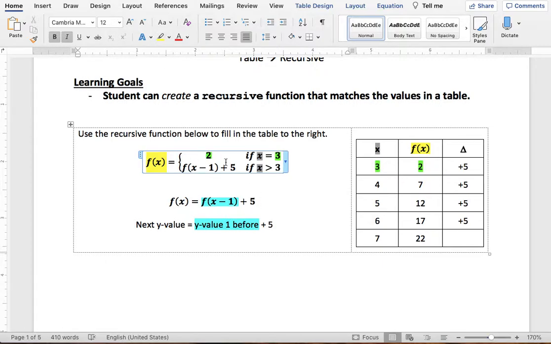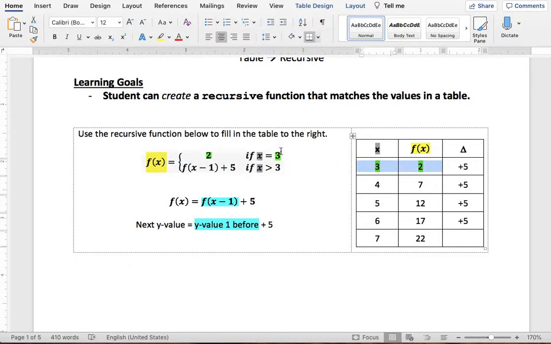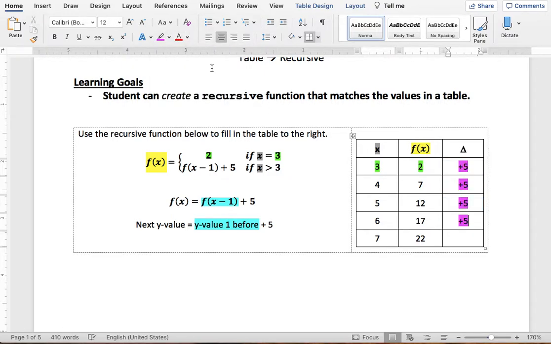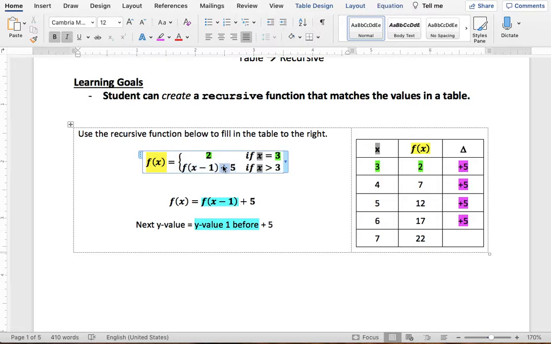And finally, our starting values of 2 and 3 were up there, 2 and 3. And this plus 5, or our change column, let's have this be, let's say, red, matched that plus 5.